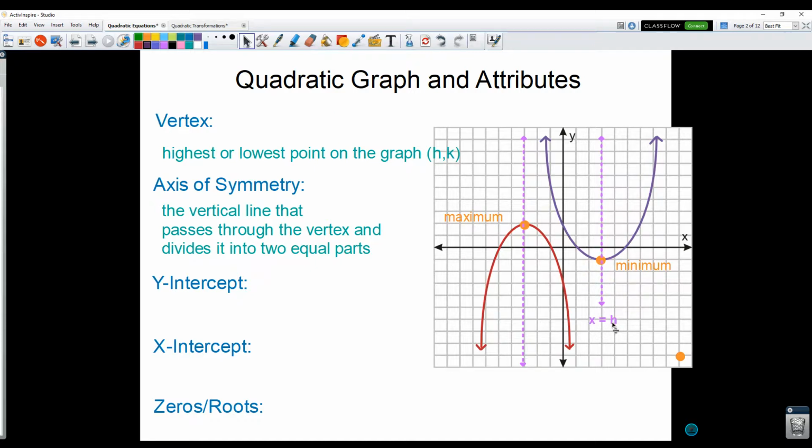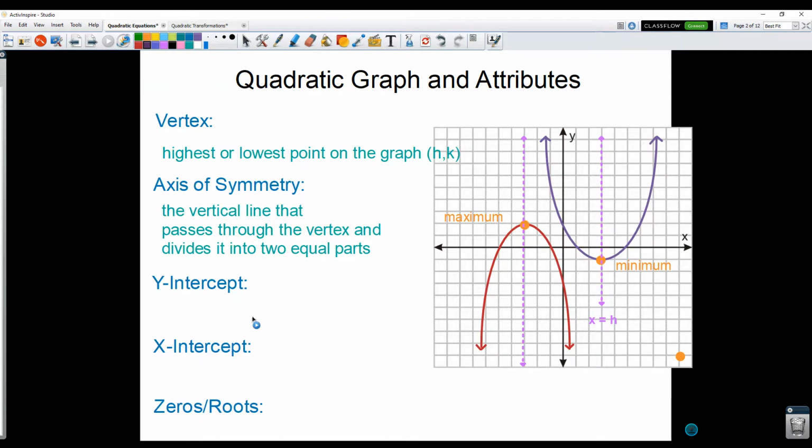So the equation for these lines is x equals h. With this point being 3, -1, since 3 is the h, the equation of this line is x equals 3. The equation of this line is x equals -3.